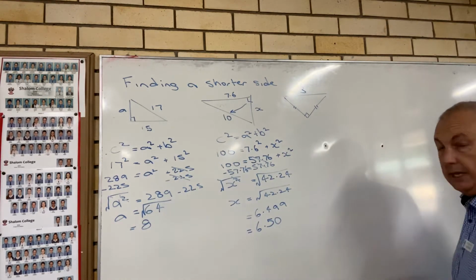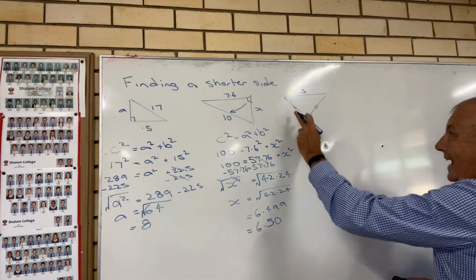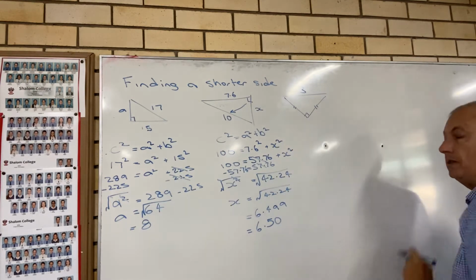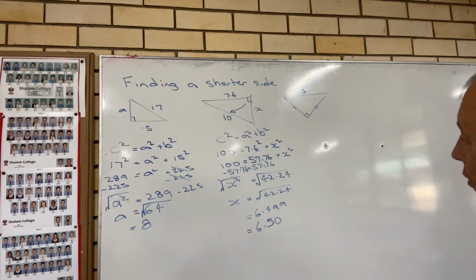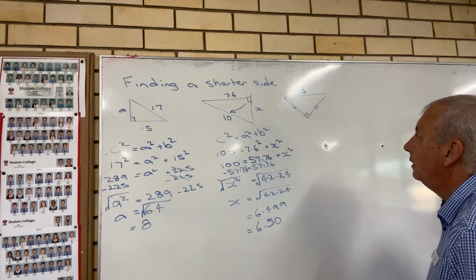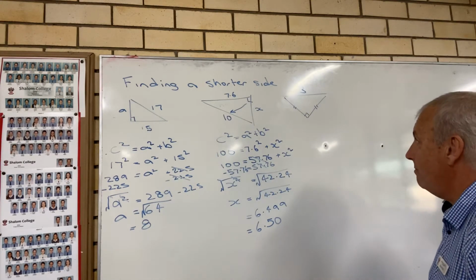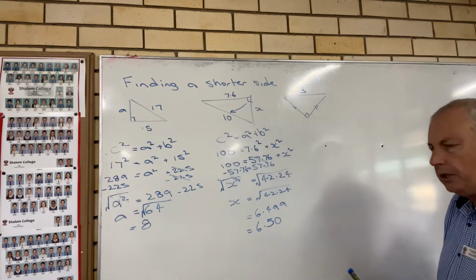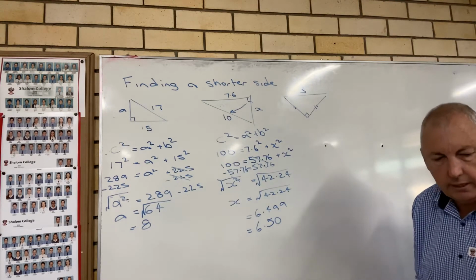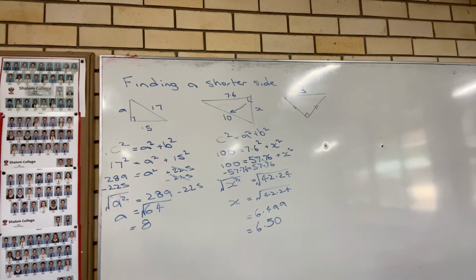Now, this is a different exercise. We actually only have one value known, but what we also know is that these are both the same. So I'm actually not going to do this, but I can give you a little bit of a hint.